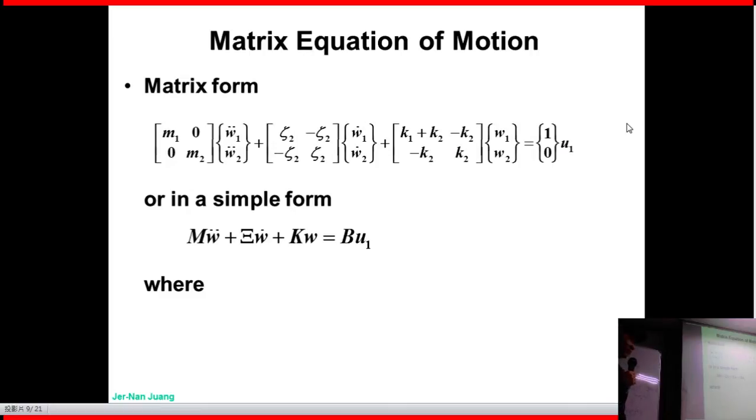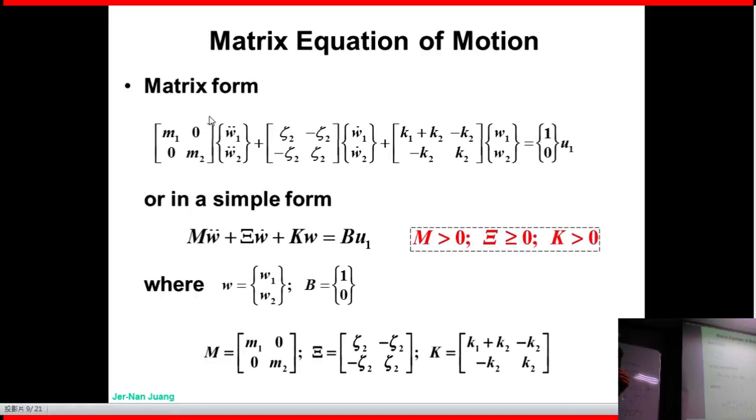And your homework really looks like this, except your external force comes from your rough road, and that force is proportional to the shape of the road and also the slope, something like the derivative of the road shape. But anyway, that's the typical equations. We have very simple.